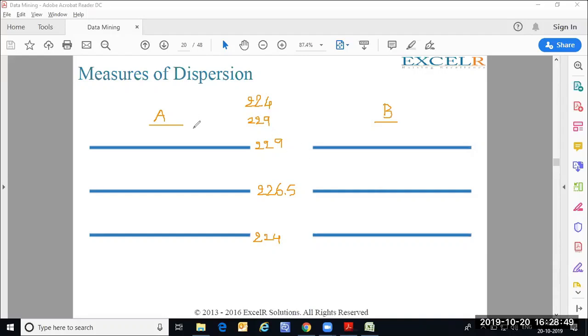When they bring those balls for the quality check, then ICC has just plotted based on the circumference of the balls that each of these vendors came out with.